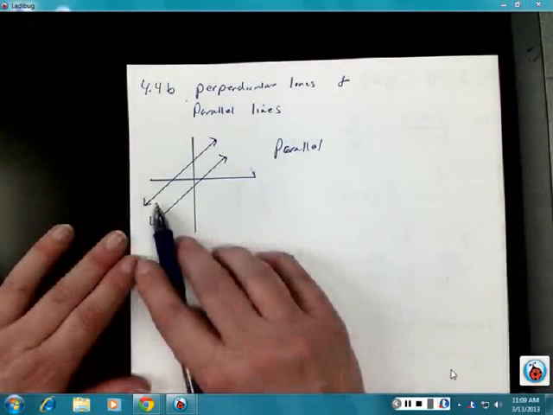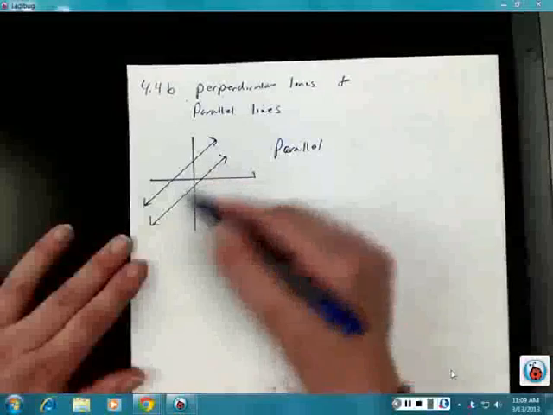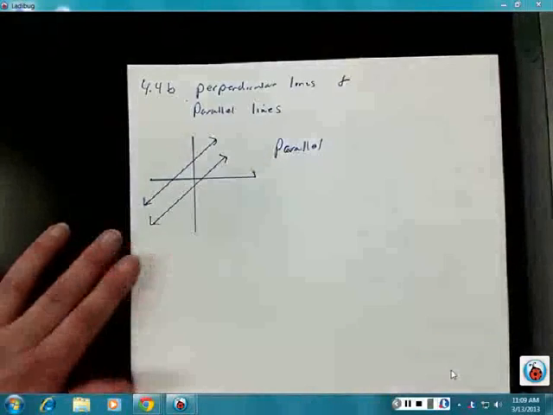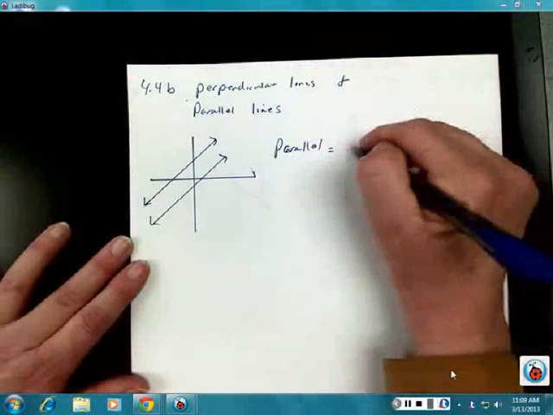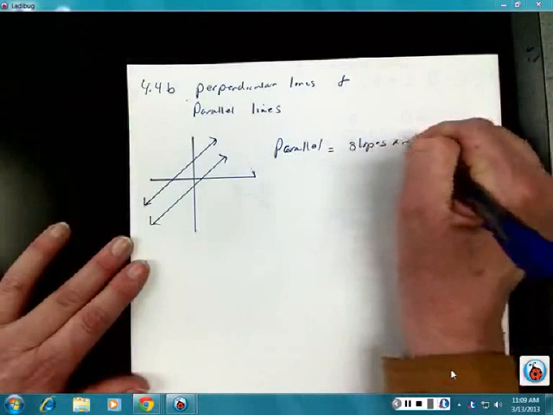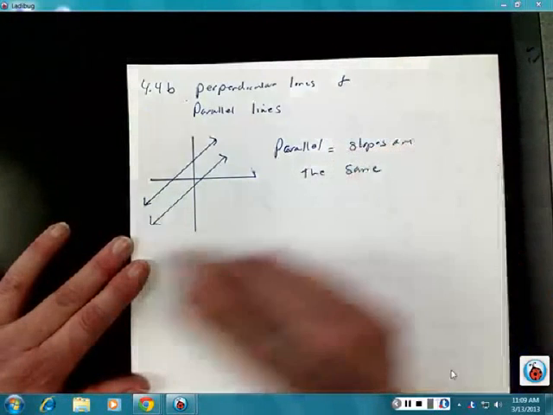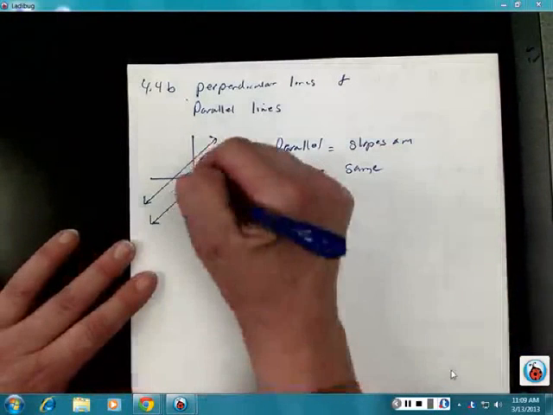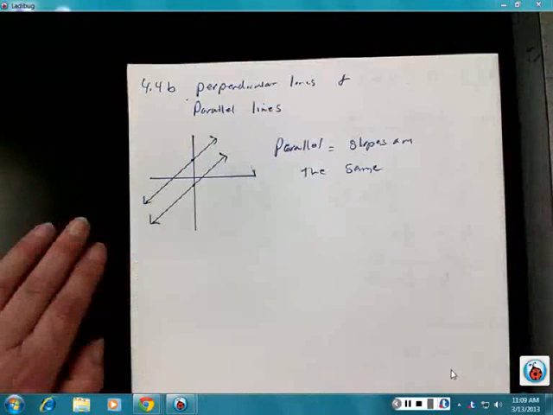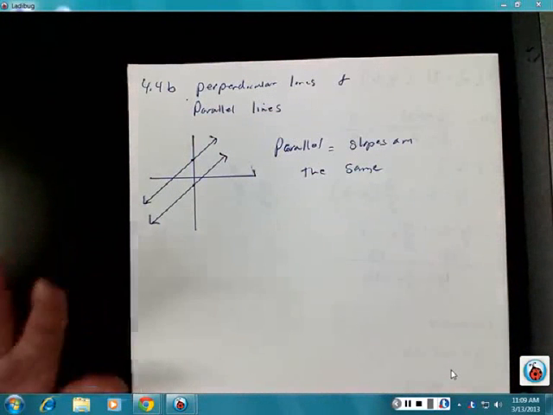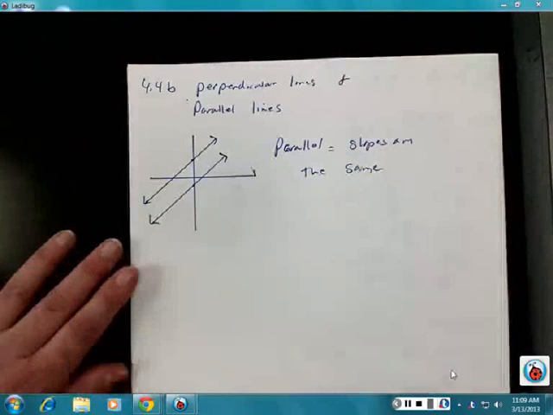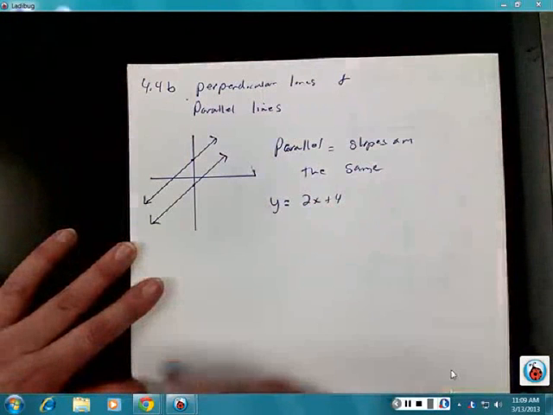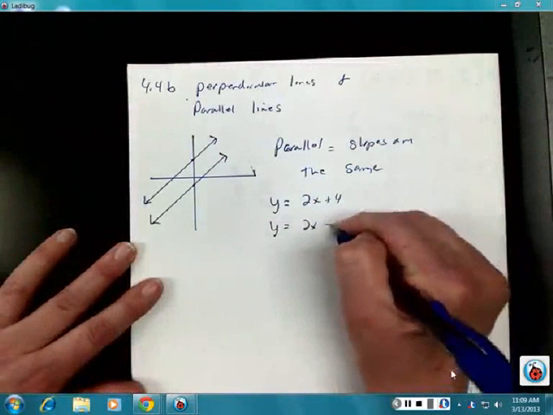What do you notice about these two? They're running exactly the same, aren't they? Both have a positive slope, and the slope is the same. The y-intercept changes on these, because the y-intercept is where they cross the y-axis, so that part can be different. Two equations of lines that might be parallel are y equals 2x plus 4 and y equals 2x minus 1.